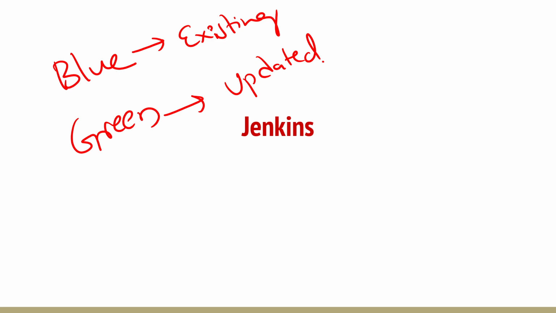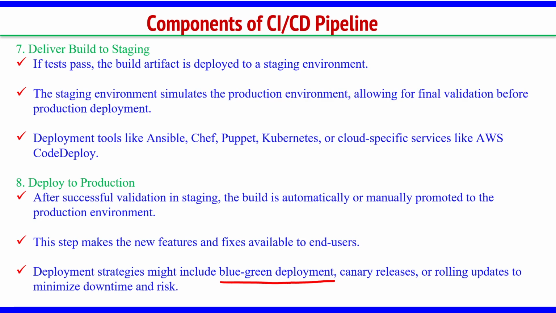We are not replacing the entire system. When you are deploying, you are not completely removing blue and putting green there, you are doing it as a step by step process. It is one approach of deploying the application. With this, the users will not face any change or any interruption.